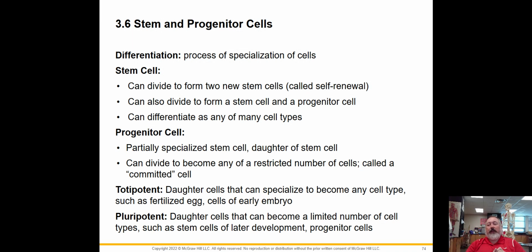The difference between totipotent and pluripotent is how many things they can differentiate into. Totipotent is the first cells, and then we phase into pluripotent.